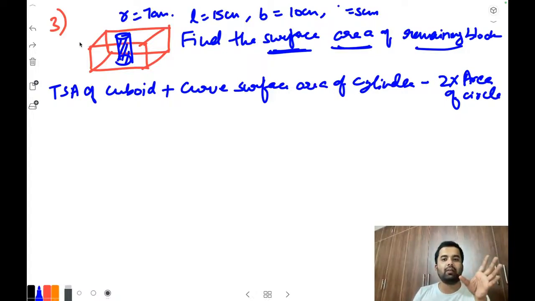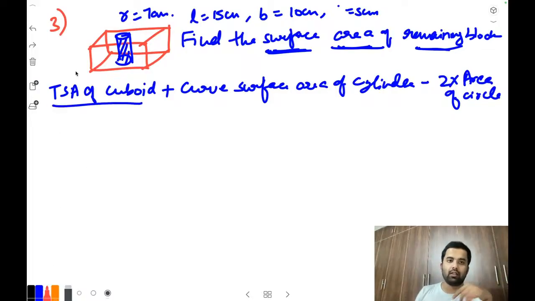Now imagine it, boys and girls. You're having a cuboid shape. From the center part, one cylindrical pipe is drilled out. A space is there. Question is asking to find the surface area of this remaining block. What we did, TSA of cuboid. First step, you will find the total surface area of cuboid. Then curved surface area of cylinder, which means only the curved part.